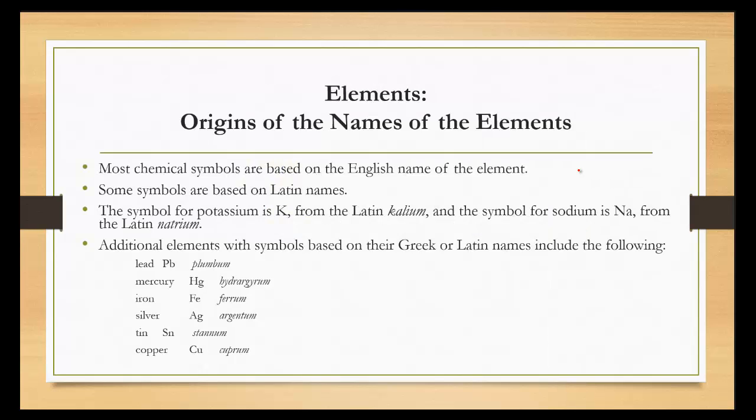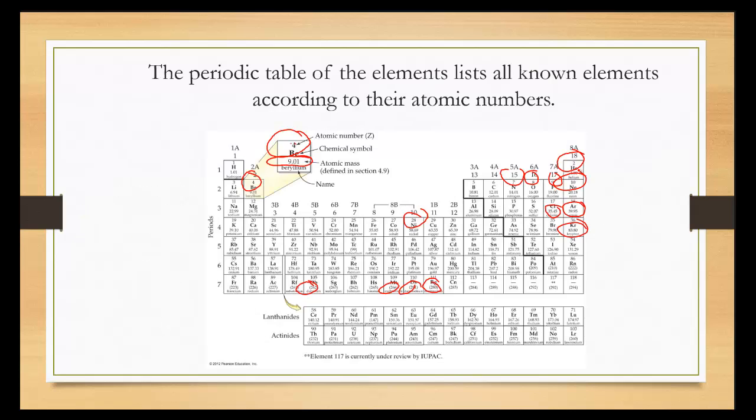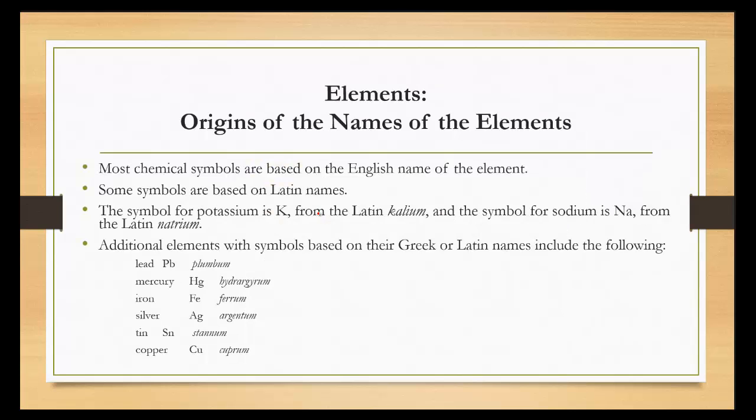Most chemical symbols, which is also another thing you see here on the periodic table, those are the letters, are based on the English name of the element. However, some are based on Latin names. For instance, potassium is a K rather than a P because it's from the Latin word kalium.